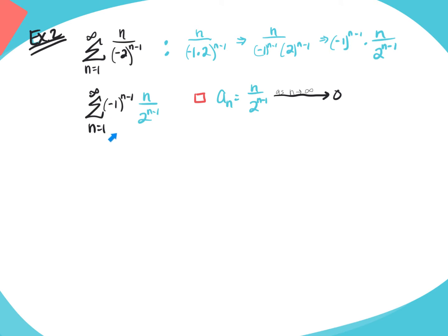All right, so this is our series. Let's check the conditions. This is an alternating series. The a sub nth term is in blue, and as n goes toward infinity, the a sub nth term does go to 0. Check. Next condition, is the nth term always less than or equal to the previous term?